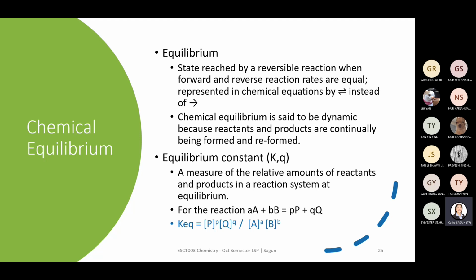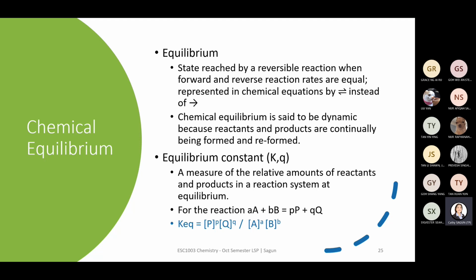So in that you also have an equilibrium constant. It is the measure of the relative amount of reactants and products in a reaction system at equilibrium. The keyword is at equilibrium.